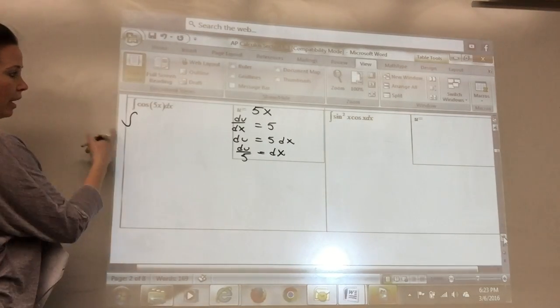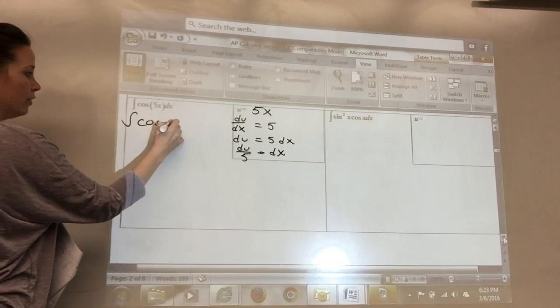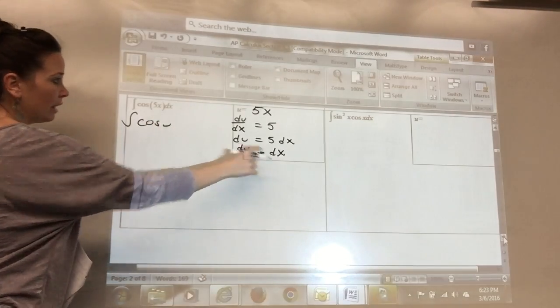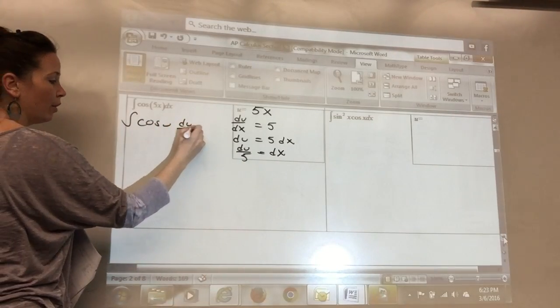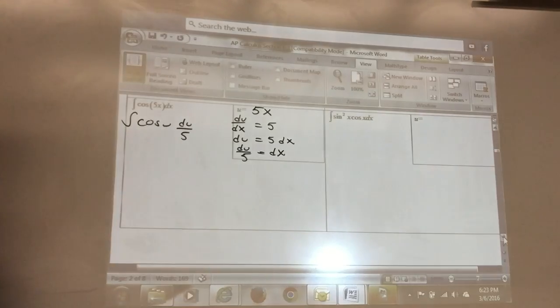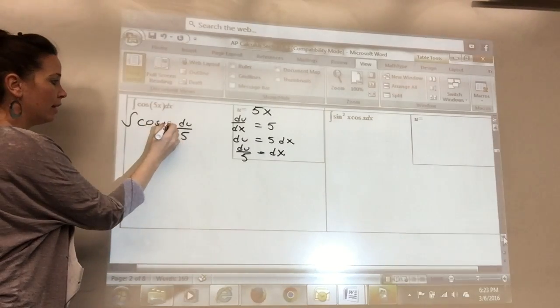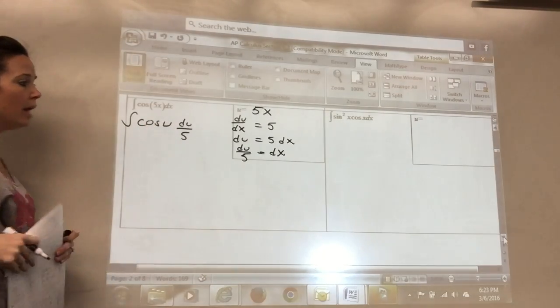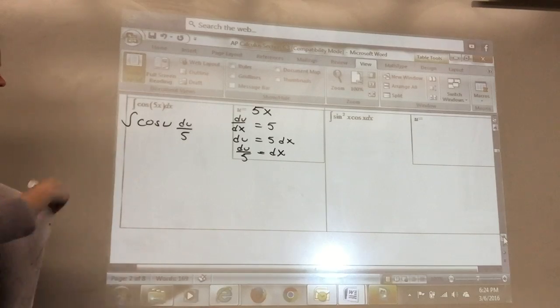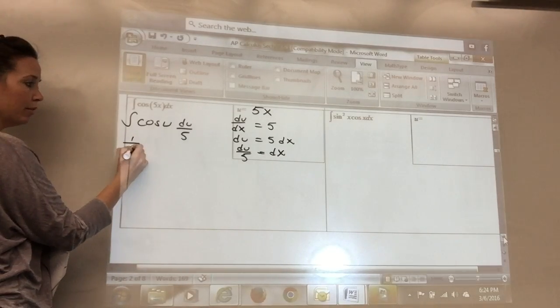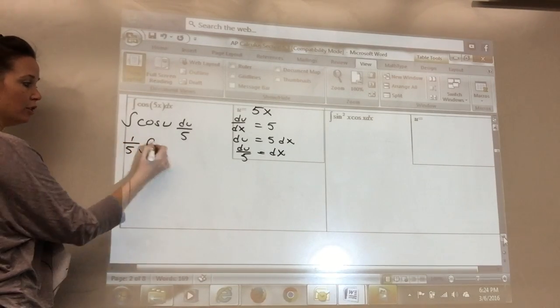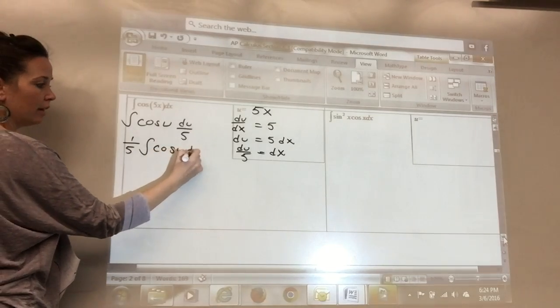Coming over here, integrate the cosine of u. dx is really du over 5. So looking at this, you see that I have a u and a du. Now this is over a 5, so it would make sense to me to pull that 1/5 through the integration symbol so that it looks like this.